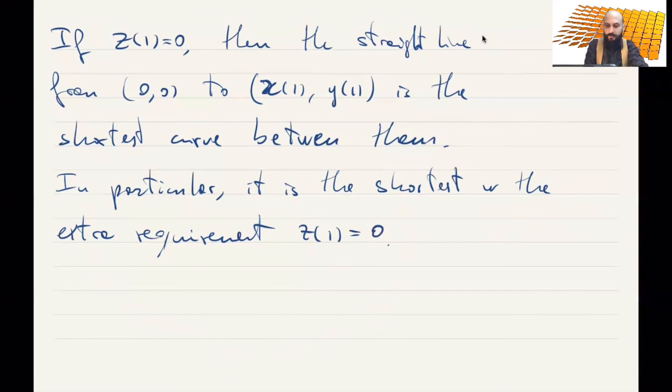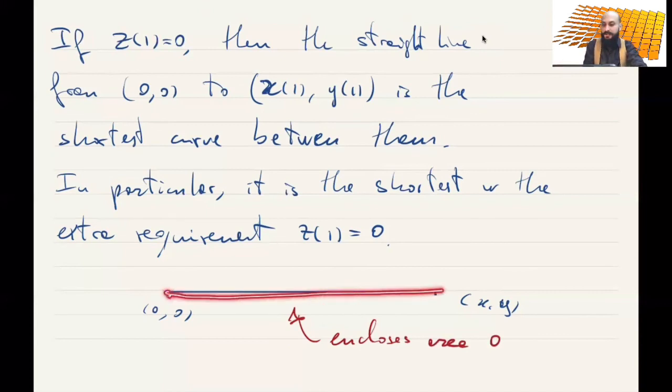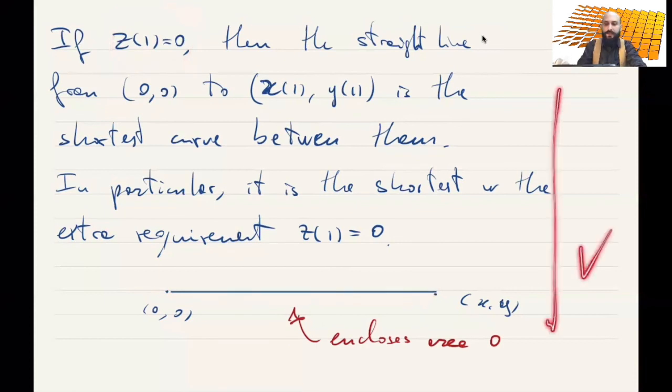So it's clear: we have the origin, we have the point (x, y), then we take this straight segment, and this curve encloses area 0. You can either write it with the integral formulation, or really see that the area enclosed by this curve and the straight line back to itself is 0. So when Z1 is equal to 0, we solve it, and that's the curve.